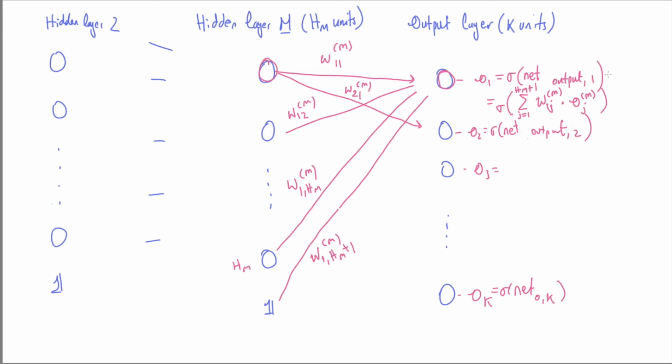Now, what happens at the output layer is you can think of all of these guys leading into, so let me just explain. O1 to OK, that's your output, right? So if you're predicting y, then your prediction y hat is equal to this vector O1 to OK.